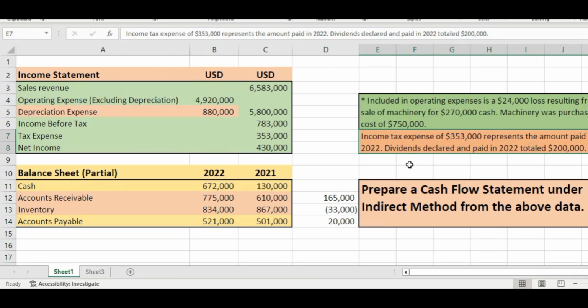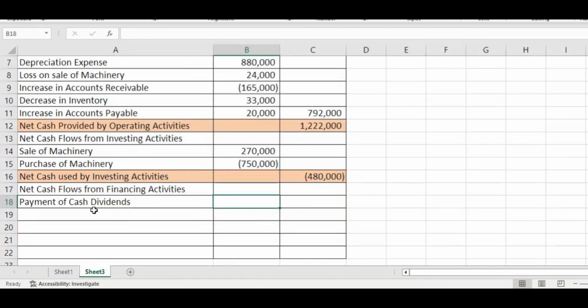Payment of cash dividend, 200,000, is the financing activity. So in the third part of the cash flow statement, the payment of cash dividend will be included. We will write down this figure under this part: payment of cash dividend 200,000.